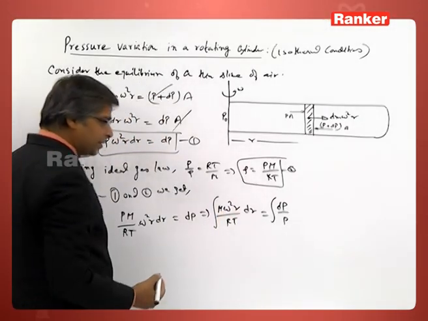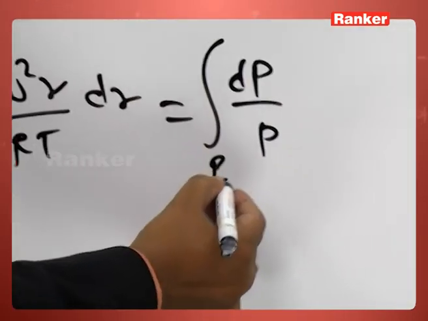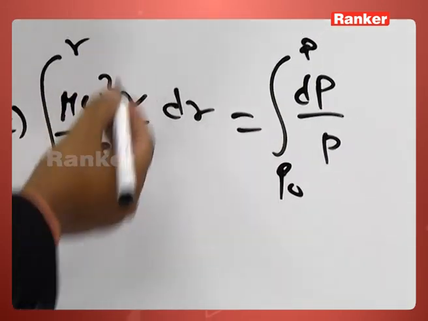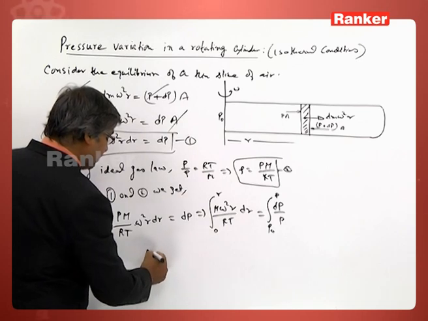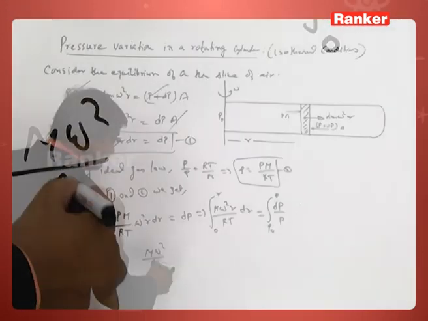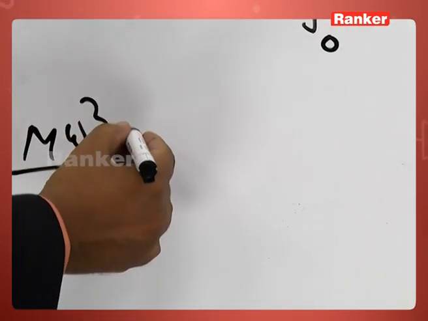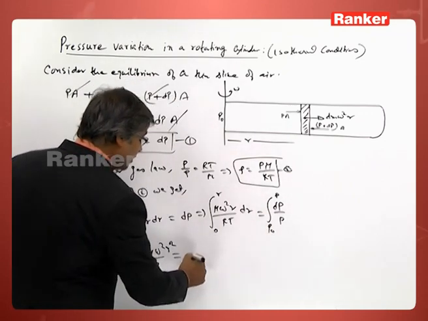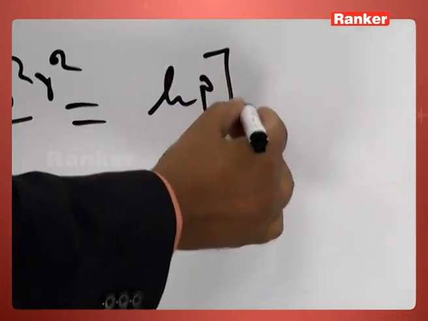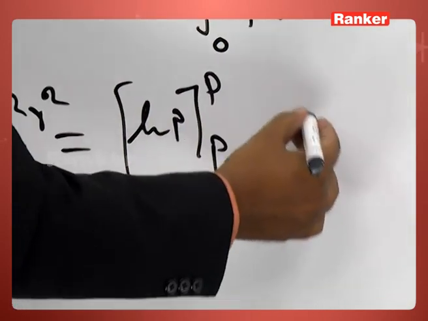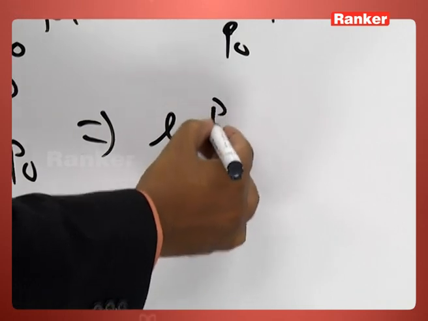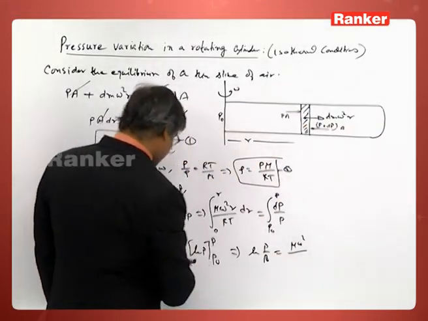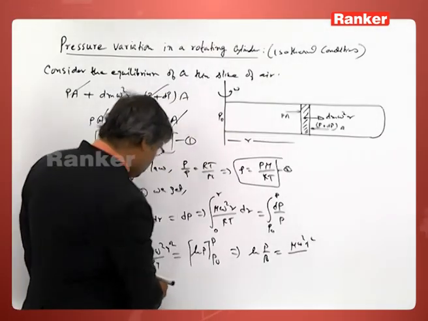Integrating both sides, with pressure P naught on the axis and pressure P at radius r, r going from 0 to r, this on integration gives M omega square by RT times r dr, which means r square by 2, equal to ln P from P naught to P. So ln of P by P naught is equal to M omega square r square by 2RT.